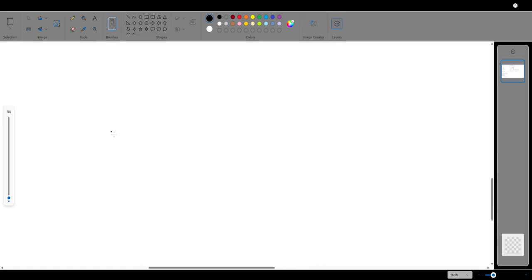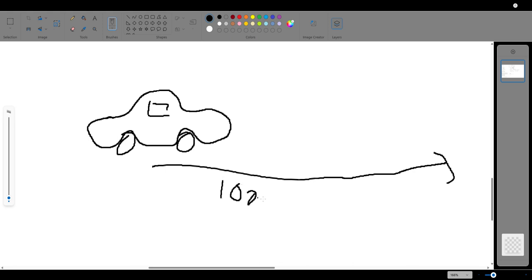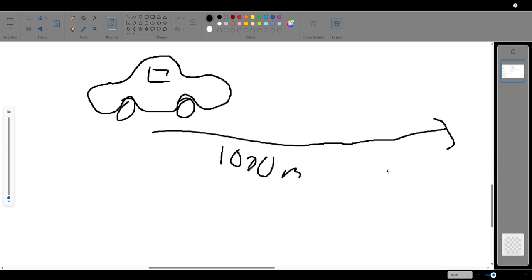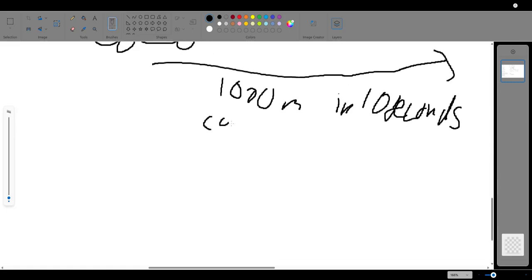So here you have a car, and then it wants to go, let's just say 1,000 meters in 10 seconds. And the car is stationary.